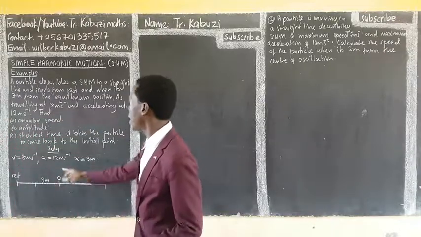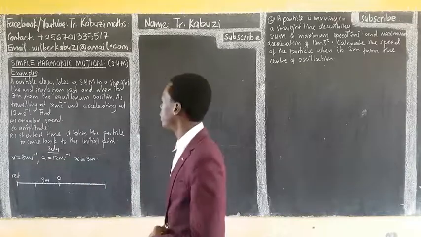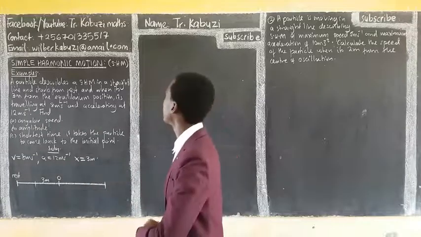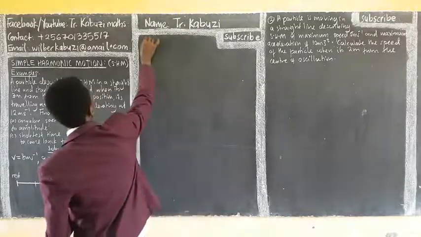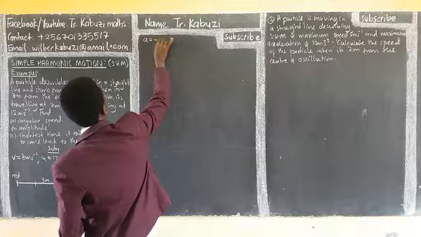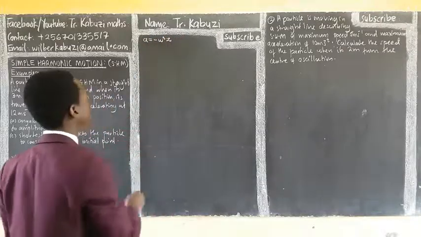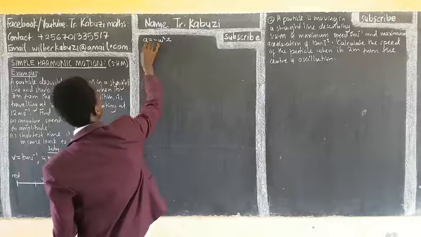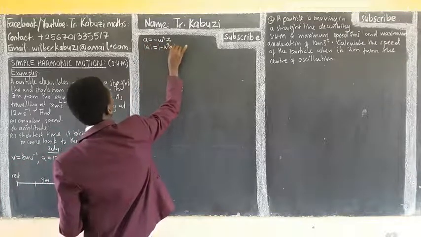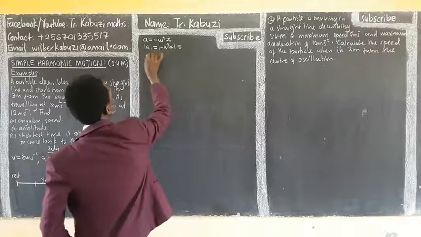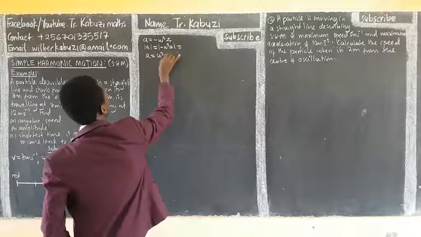Now, to get the angular speed, I know that if I have velocity, I have the relations between the velocity. I have also the acceleration. I have the distance from O. So if it's accelerating like that, you know that the equation of acceleration, I think we all know, is always given by a equals negative omega squared x. So if you take magnitude both sides, the magnitude of a is going to be omega squared x.